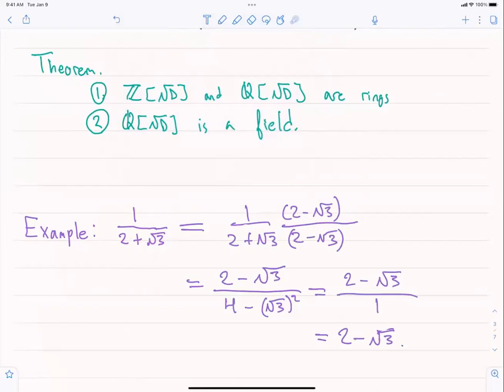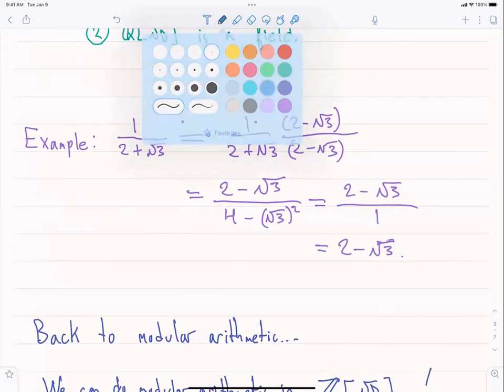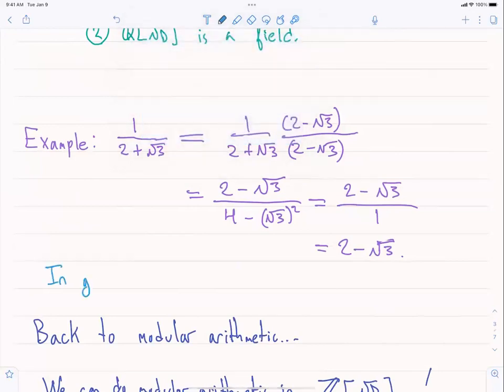But in general, you're going to end up with some integer or rational number in the denominator, but that's fine. You just move that up in here. So in general, to prove the theorem, if you do 1 over A plus B square root of D, you multiply the top and bottom by A minus B square root of D, and you get A squared minus B squared D on the bottom.